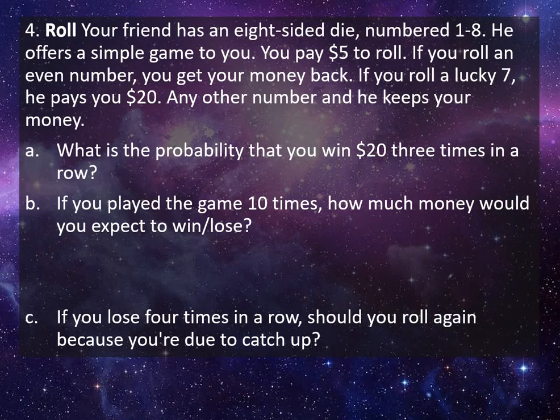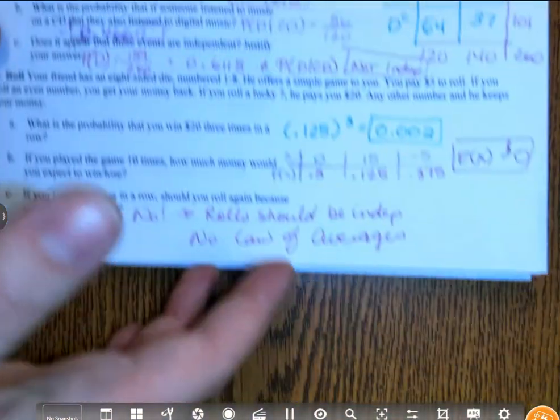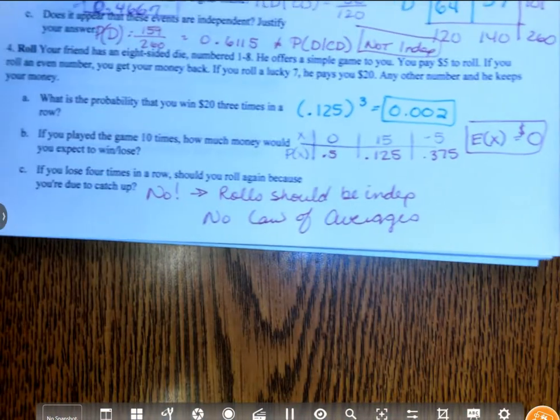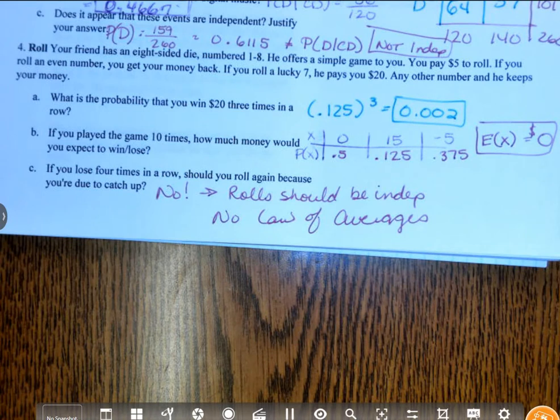Okay, let's take a look at these answers. I can figure out where it is. There it is. Okay. So the probability you win $20 3 times in a row is 0.002. For part B, this table here is for how many games? That's 1 game. But why didn't I do the expected value of x plus x plus x plus x 10 times?